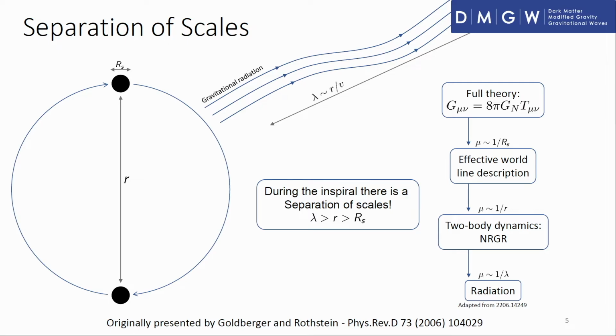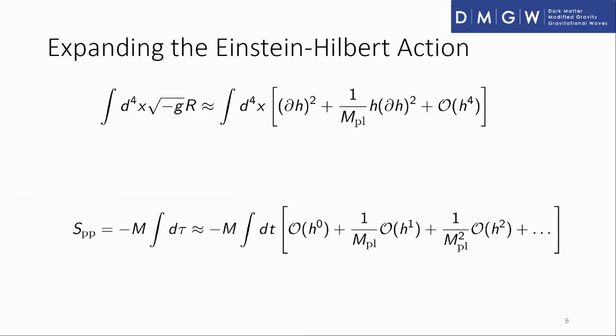Then you would tailor your effective field theory now to the binary system, and finally you would integrate out the orbital scale to arrive at a theory that describes the radiation. And this is nothing new. This is something that was already presented almost 20 years ago by Goldberg and Rothstein. What we've been doing now is to adapt this formalism to Scalar-Tensor theory to then calculate what the radiation looks like if you have this modification to GR.